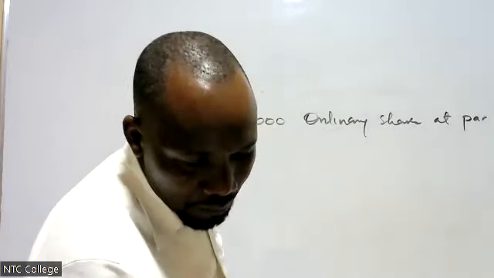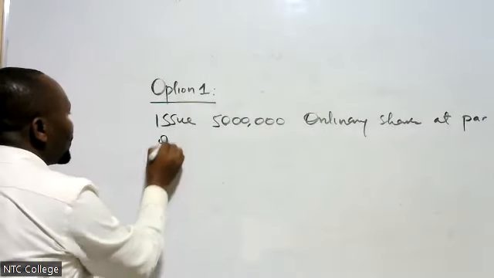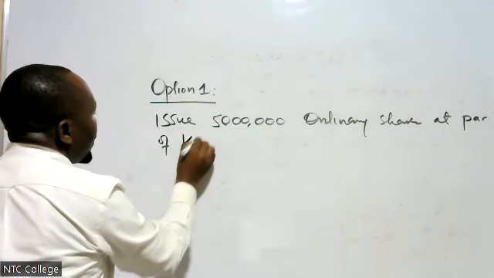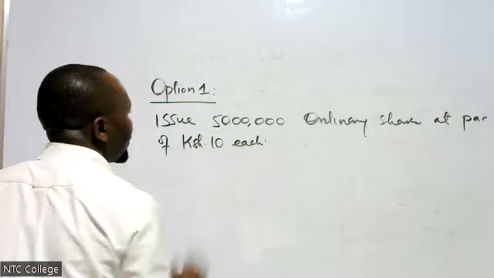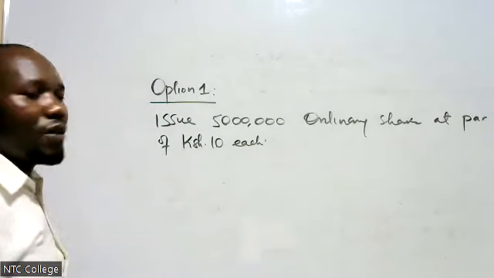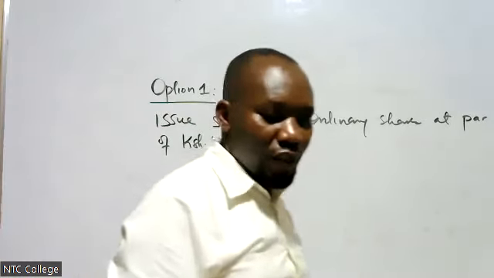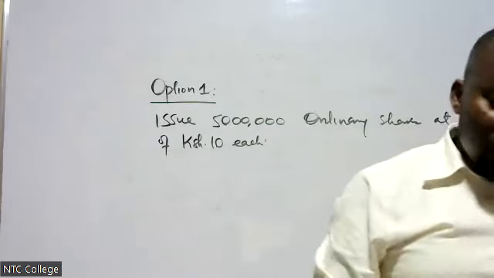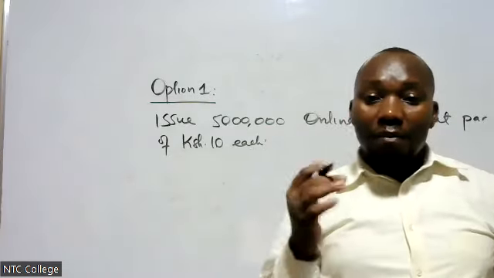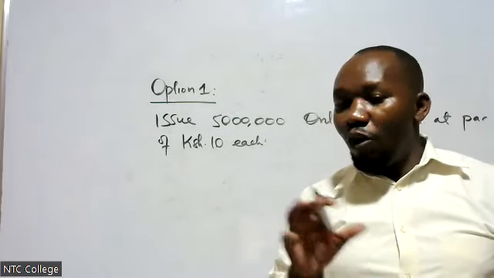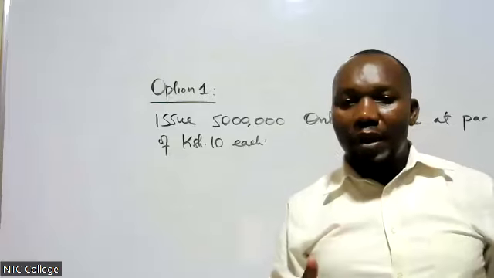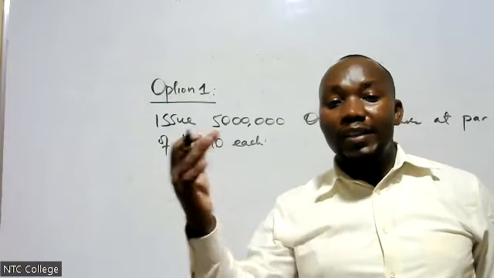At par value of Kenya shillings 10 each. He is looking for the money. The money that he's looking for should be 5 million. And there are options of getting this money. One of them is to get it through ordinary shares.